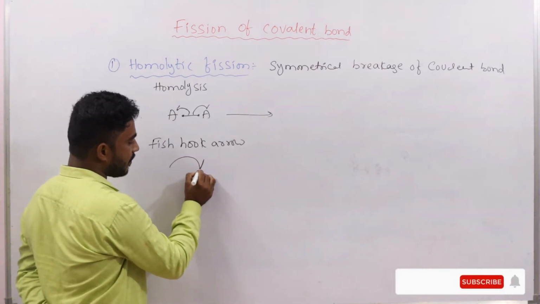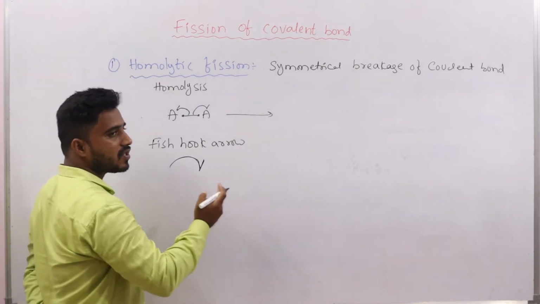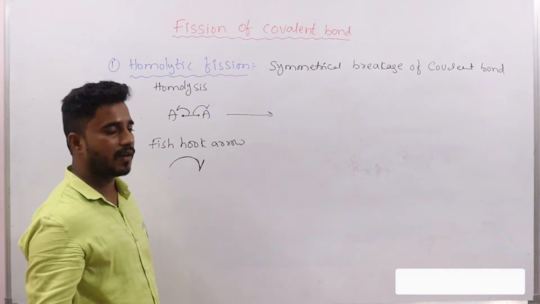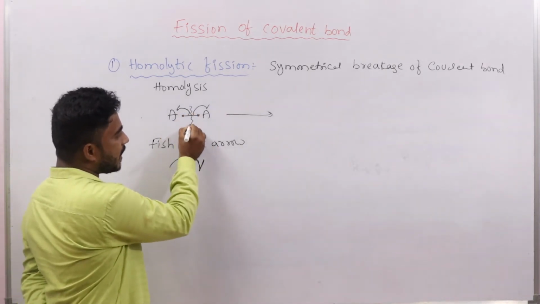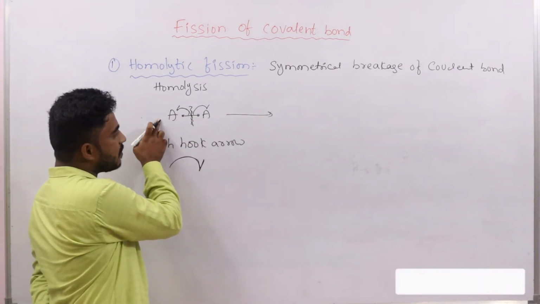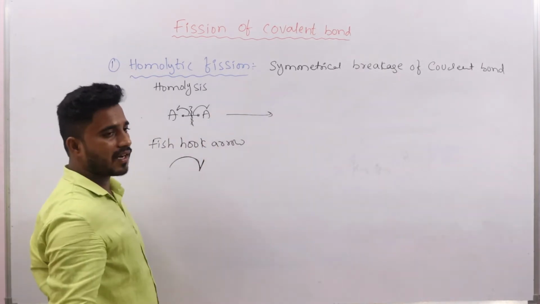That means here we are writing a half arrow. What is this half arrow indicating? The movement of one electron towards one atom. There are two electrons, so when symmetrical breakage takes place, one electron moves towards one atom and one more electron moves towards the other atom.